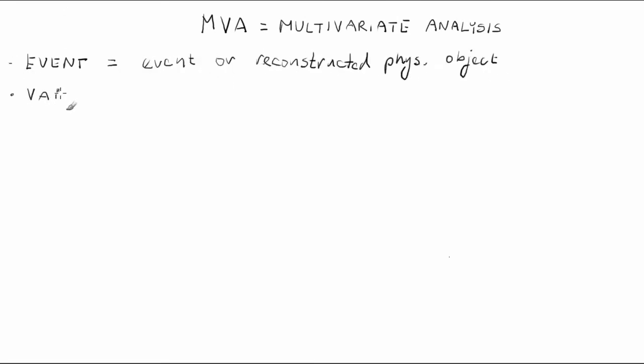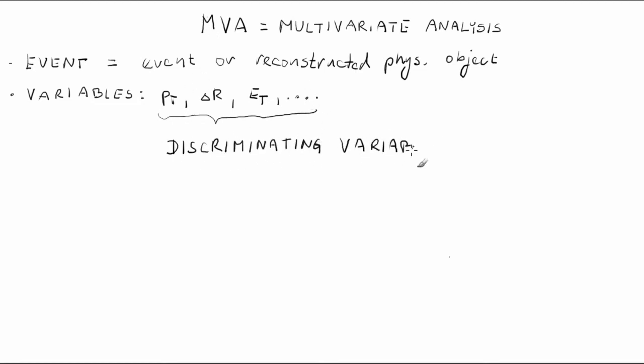The actual input variables to the MVA algorithms are momenta of the reconstructed objects, distances between the objects, missing transverse energy, etc. In practice, only a small subset of all reconstructed variables can be used in the test. We call these discriminating variables.